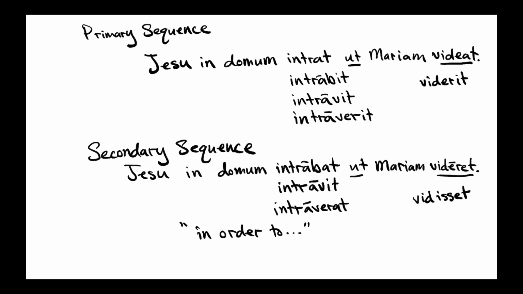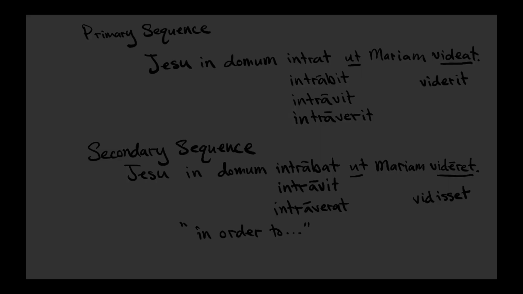So that pretty much sums it up for the purpose clause. We'll move on now. I'm not going to go through all of these verbs for every single clause, but we'll do examples now of the result clause and talk about the result clause as it's related to the purpose clause.